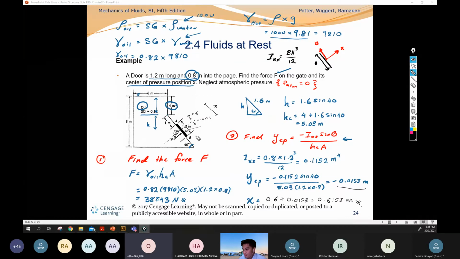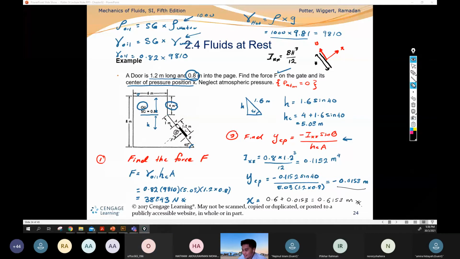So to get the center of pressure position X, you have to sum up the 0.6 plus the 0.0153 here. So you will get this distance. You know what I mean? Are you sure? Yes, I understand.